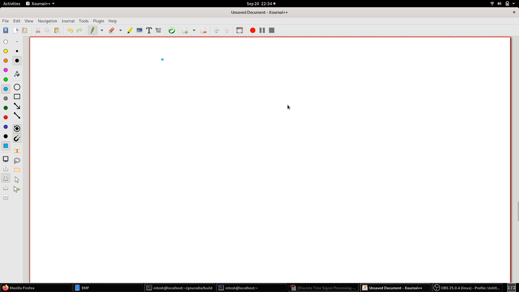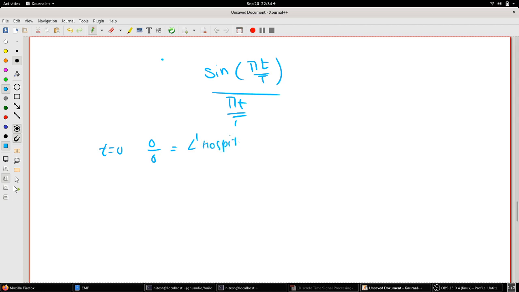So if I want to plot this sin(πt/T) upon πt/T, if I look at t equal to 0, it is 0 upon 0, so for that I have to use L'Hopital's rule, so that I will be differentiating this.